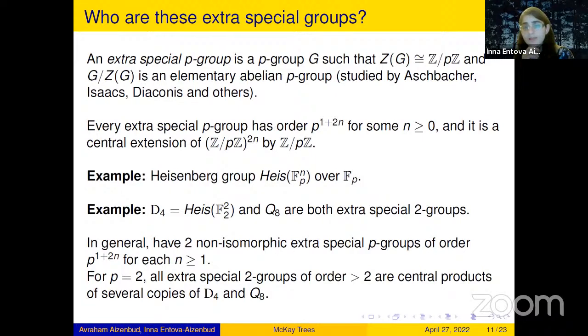And in general, if I take the Heisenberg group corresponding to the finite vector space Fp to the n, this will always give me an extraspecial p-group. And there is another extraspecial p-group, which is a bit more similar to the quaternion group. So for p equals 2, the 2 extraspecial groups of order 8 are exactly the dihedral group, which is the Heisenberg group for F2, and the quaternionic group.